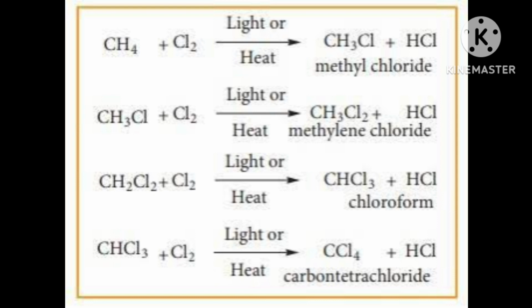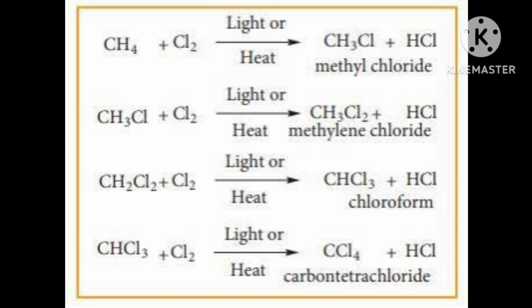Then this methyl radical breaks the new Cl2 bond, and again it forms a chlorine radical, and methyl reacts with the chlorine atom to form methyl chloride. Because Cl2 was there, one Cl was used by methyl and one Cl is remaining, a chlorine free radical.